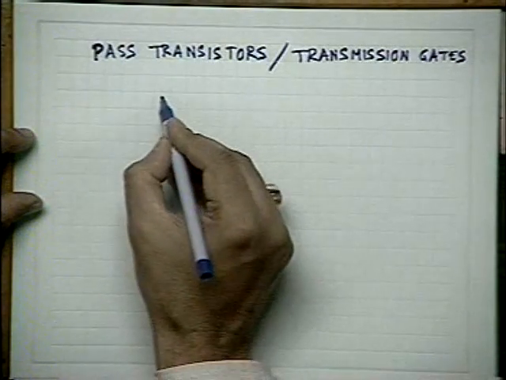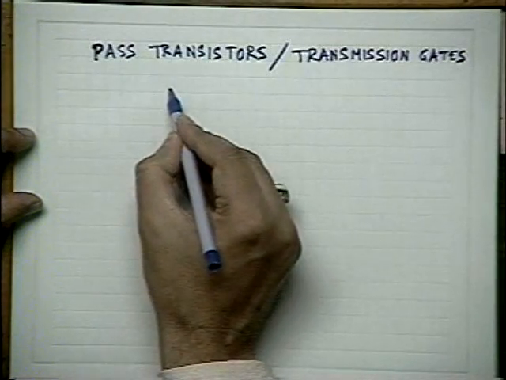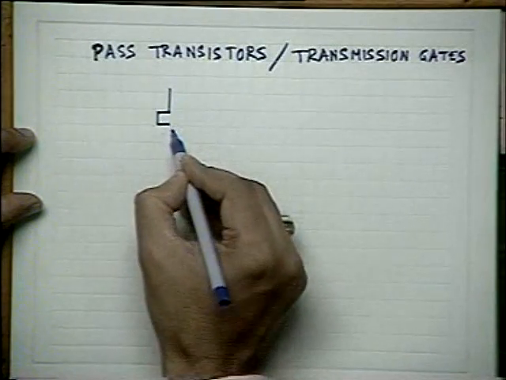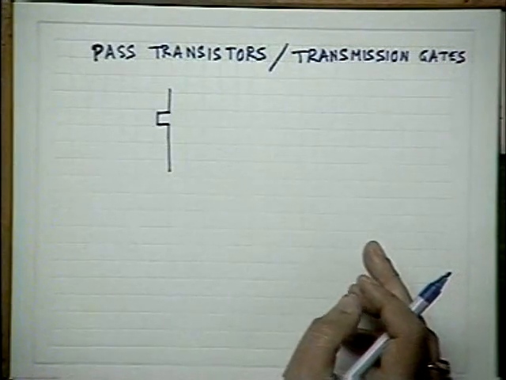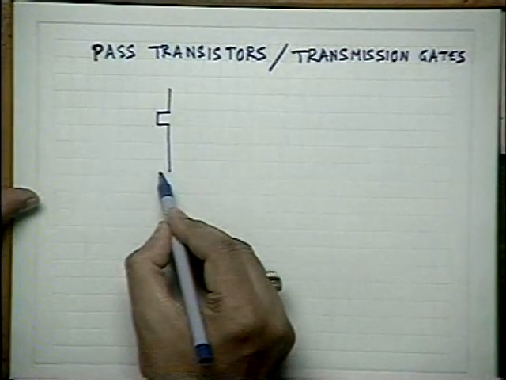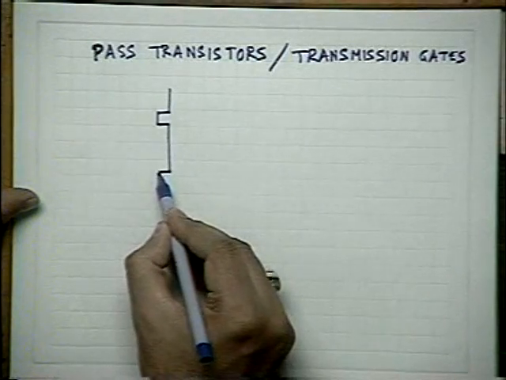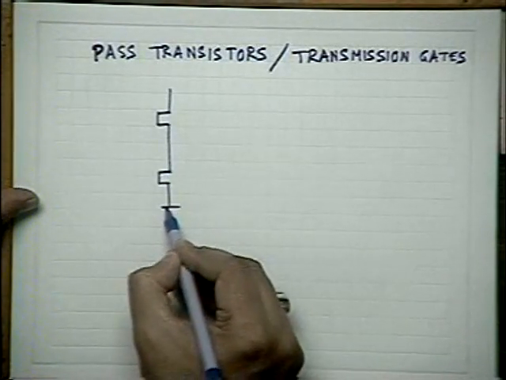We first consider an inverter. Let me draw it in the old fashion. I'll take help of the stick diagram afterward whenever required, but for the time being, I will use the standard diagram.